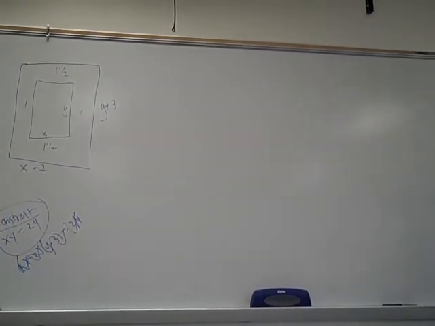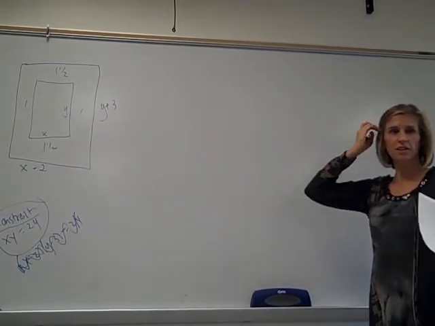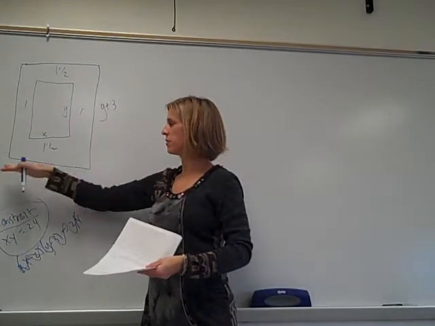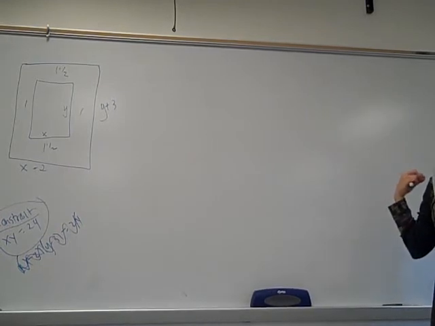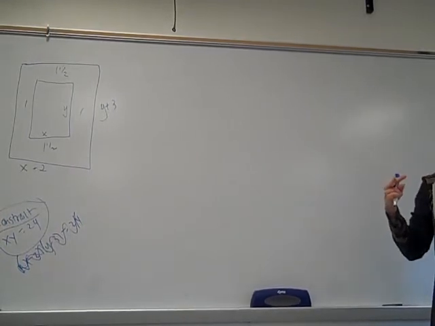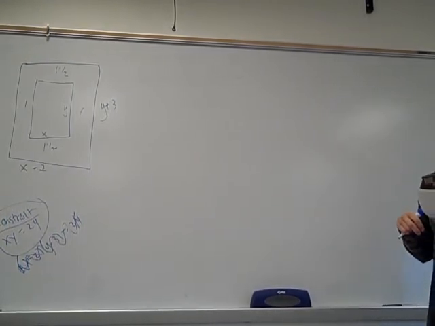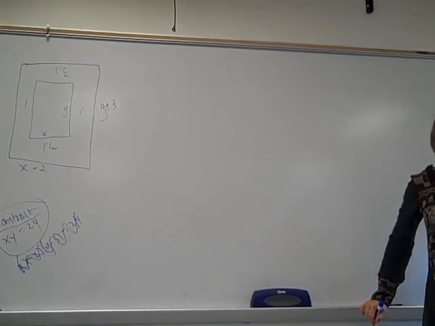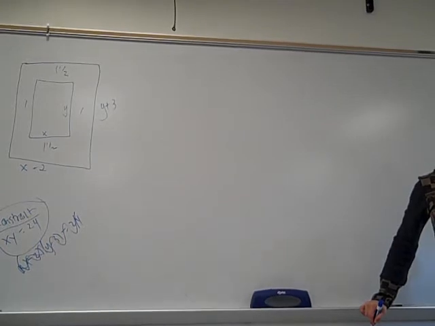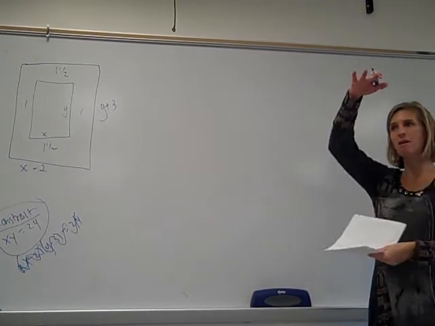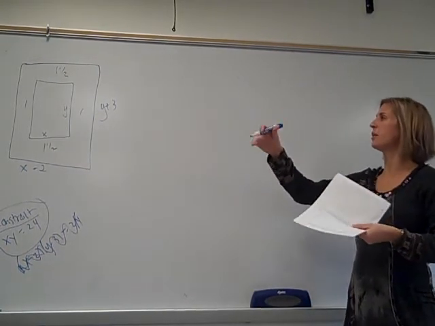Does that make sense, what I did? So I've got this print on the inside. I'm going to call it X by Y. The page then is X plus 2 by Y plus 3. So I'm trying to minimize the dimensions of the page. I'm talking about minimum, and I'm talking about area of the page. So if I want to minimize the dimensions, I want to get the smallest page possible.